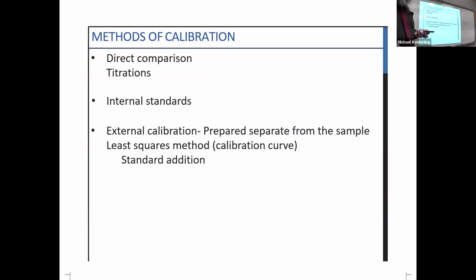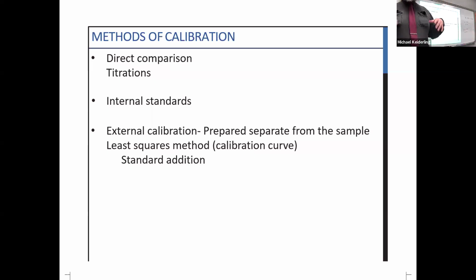So there are methods of calibration. You can do direct comparisons, like detergents. You can use internal standards where you have a known quantity of another thing in your sample, so you can compare to that as a reference. That actually gets used a lot for blood alcohol tests. They add a known quantity of something that acts similar to alcohol, but is different, as a reference.